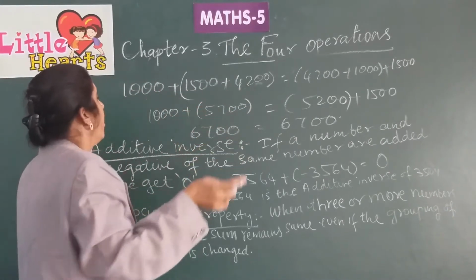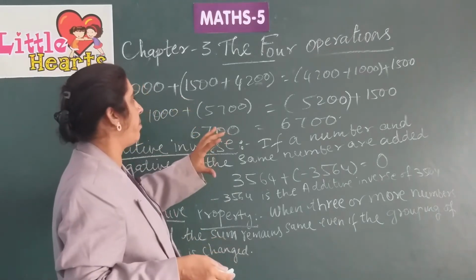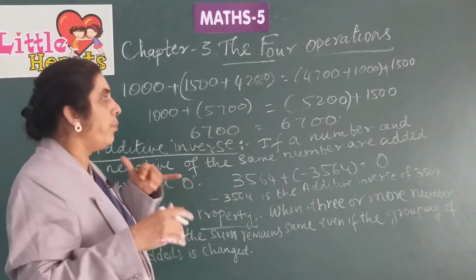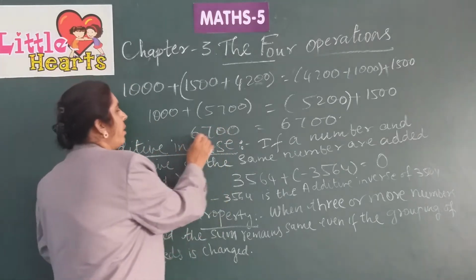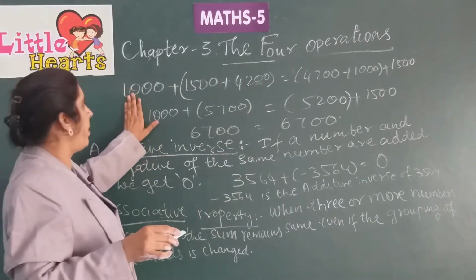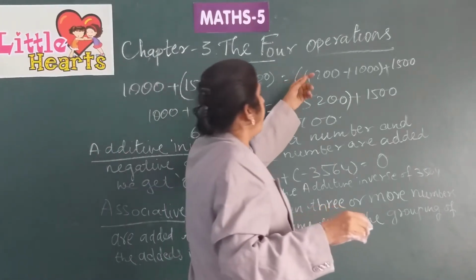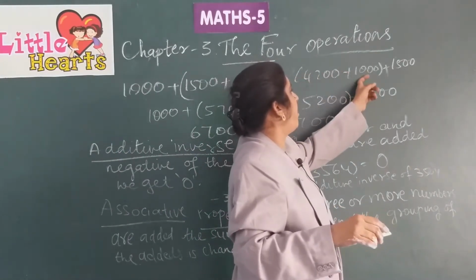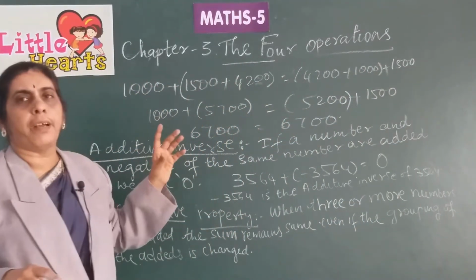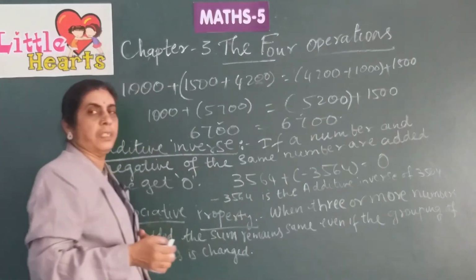We are changing the order of the addends and we are adding. Even though we have done that, we have got the same result 6,700. See here 1,000 plus 1,500 plus 4,200 and 4,200 plus 1,000 plus 1,500. Just we have changed the grouping of the numbers and we have added. There is no change in the result.